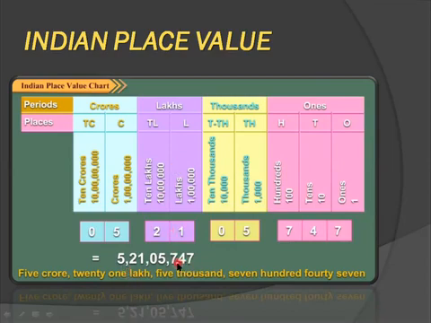That means first after 3 digits and then after every 2 digits we place the commas. So this number is read as 5 crore, 21 lakh, 5,747. So this is the Indian place value chart.